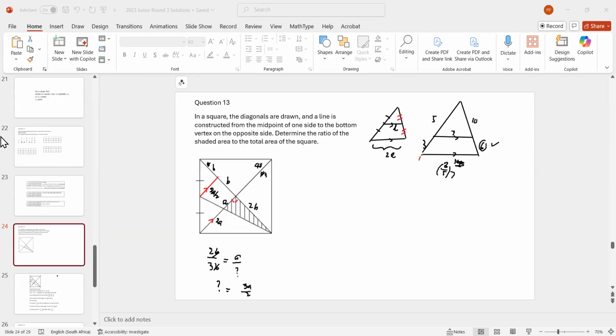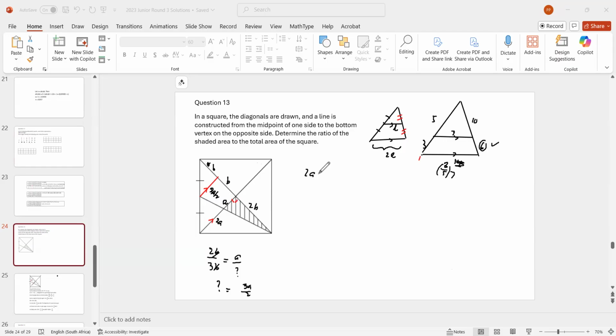So from here to here is 2A, equal to 2B. So A is actually equal to A, because this length is the same as this.